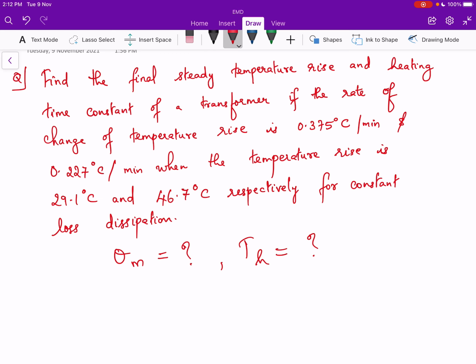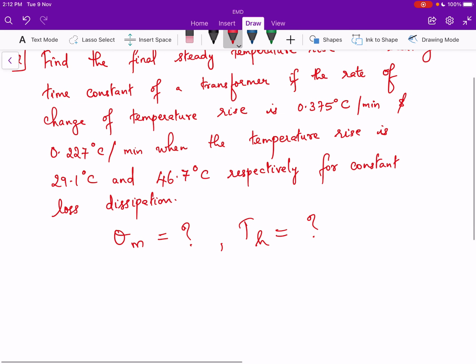So we have to find theta m and Th, and in the question the rate of change of temperature rise is given. So we can write it as d theta by dt.